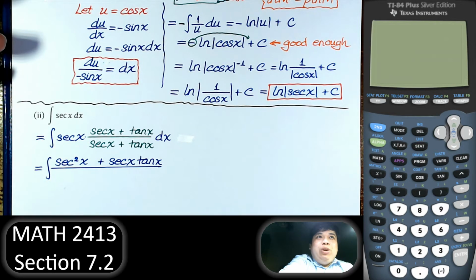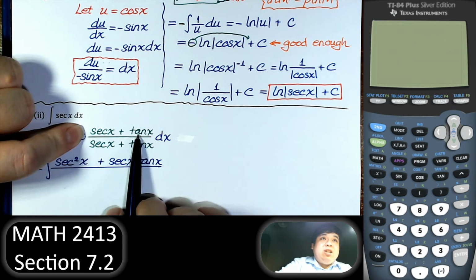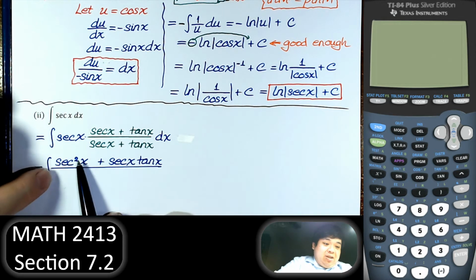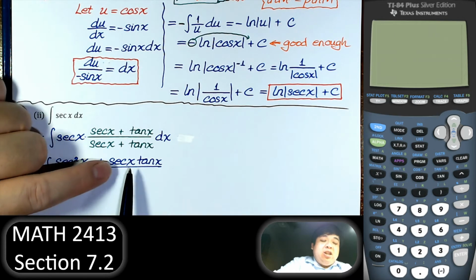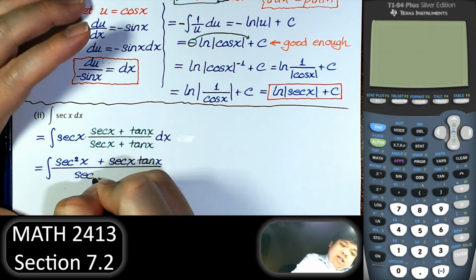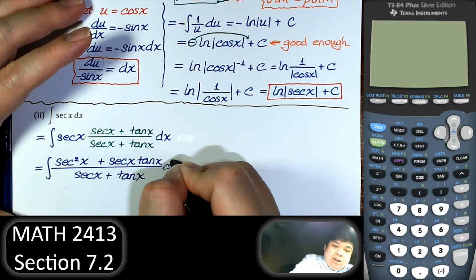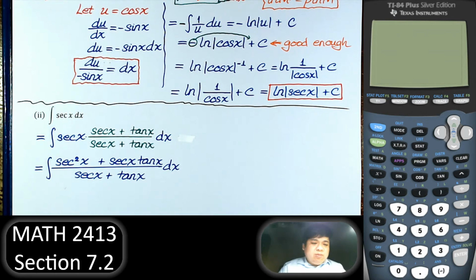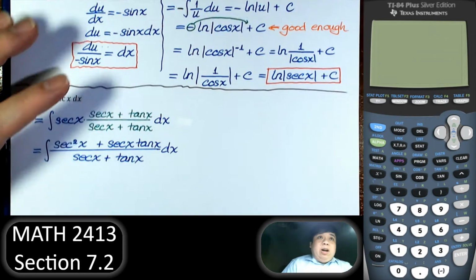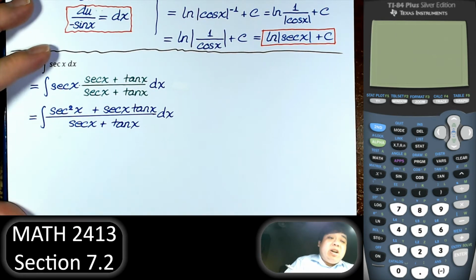Now you see why we multiply by secant x plus tangent x? Because that is the derivative of tangent, that is the derivative of secant, which is the derivative of the denominator here. Yeah. So this little trick helps us, with the substitution problem, work out perfectly.